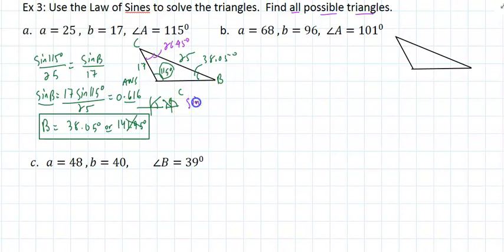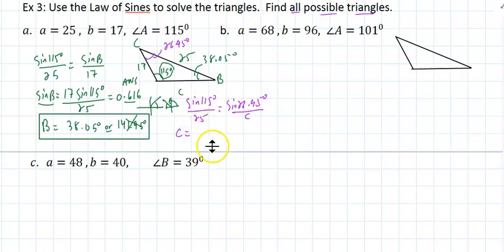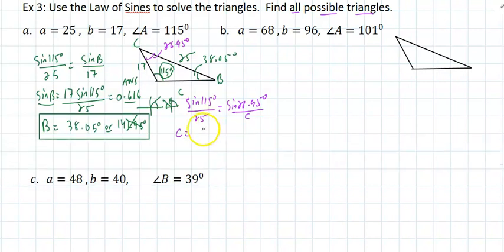And the sine of 115 over 25 should equal the sine of 26.95 degrees over side C, and C will equal 25 times the sine of 26.95 degrees divided by the sine of 115 degrees, and that would be 12.5.